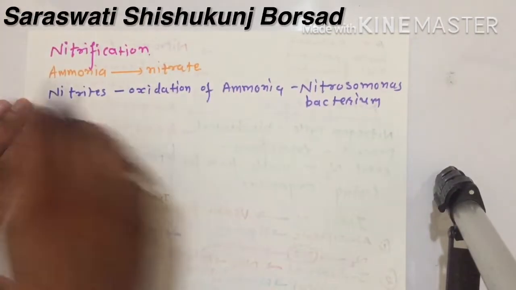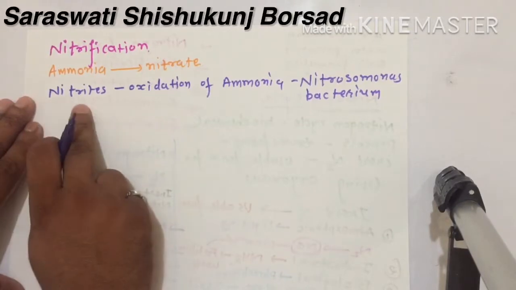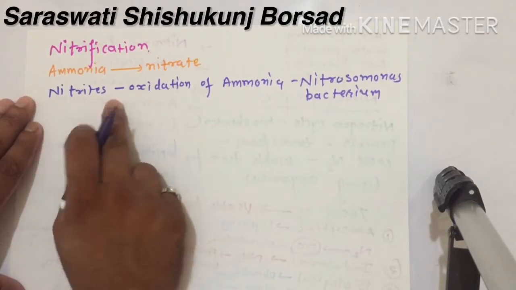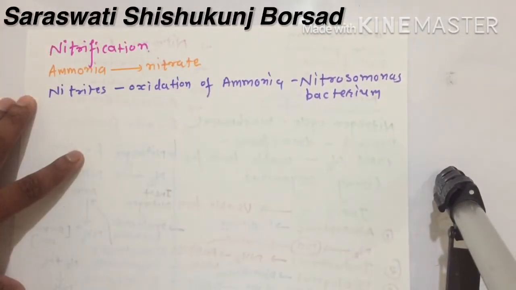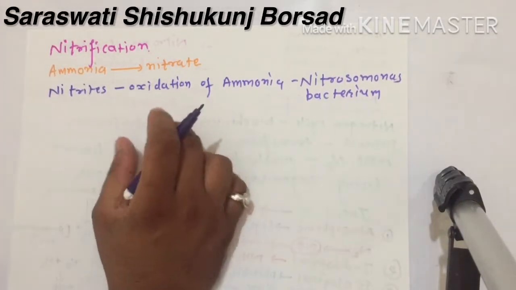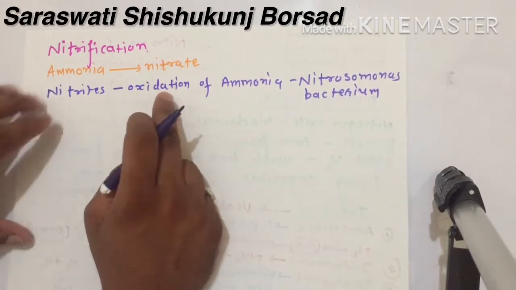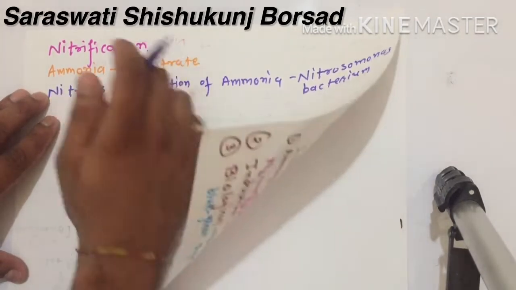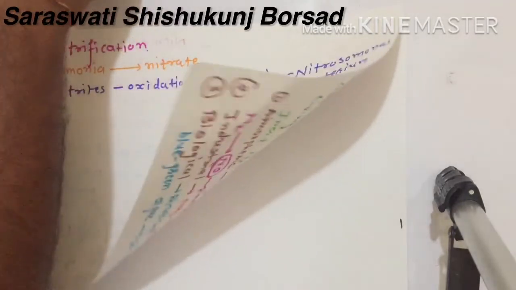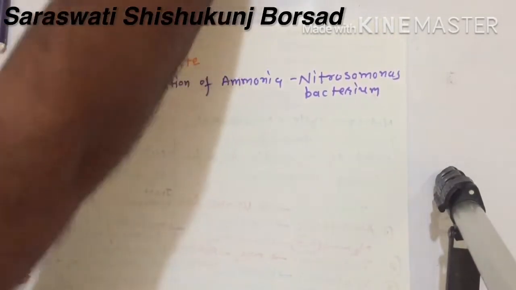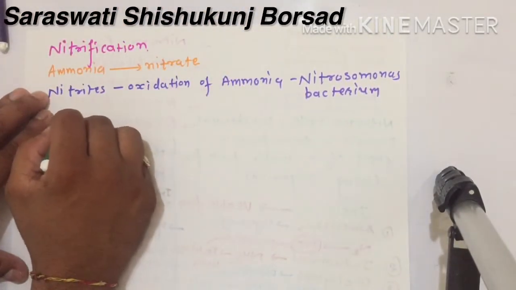With the help of nitrosomonas bacterium, nitrites are formed by oxidation of ammonia. Later, the produced nitrites will get converted into nitrates. So how the whole process is done, let us understand one equation at a time.